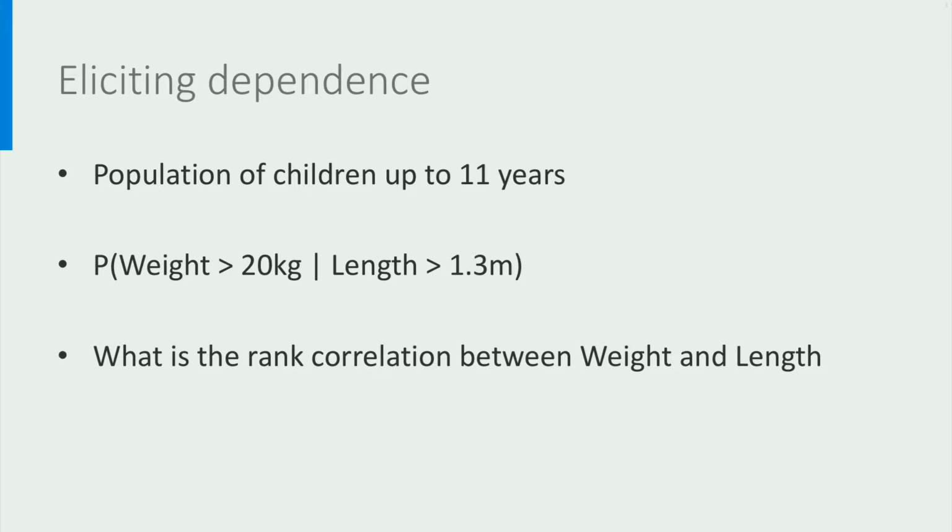Alternatively, instead of asking some probabilistic statement between these variables, you could ask directly or indirectly a correlation coefficient between the variables. With questions similar to this, we can measure experts' accuracy in assessing dependence.